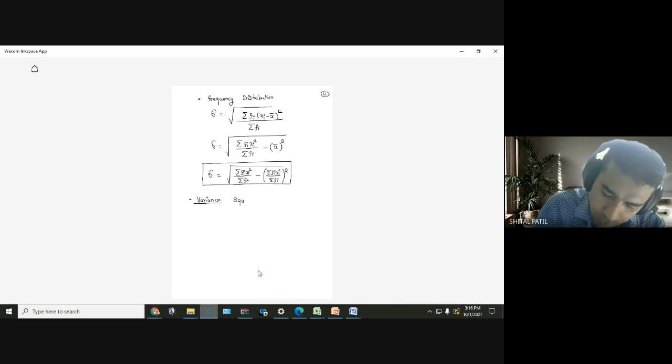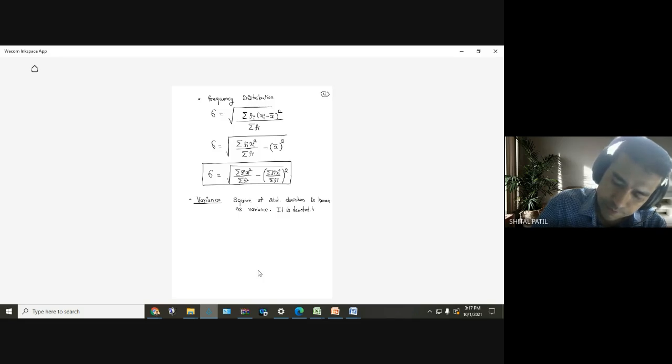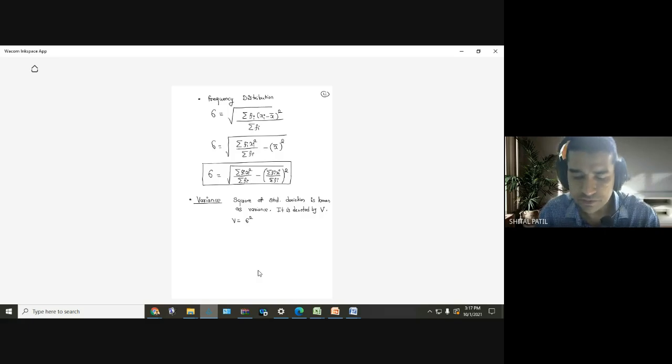Square of standard deviation is known as variance. It is denoted by V. Okay, so what is V? Sigma square. Square of the standard deviation. Very simple concept. Okay, next.